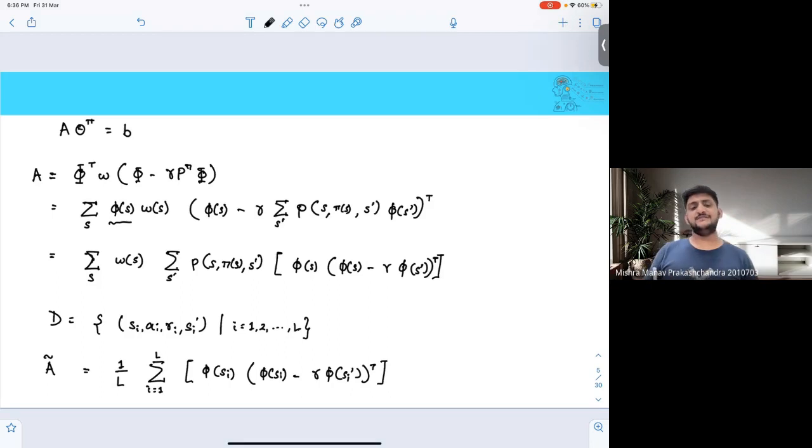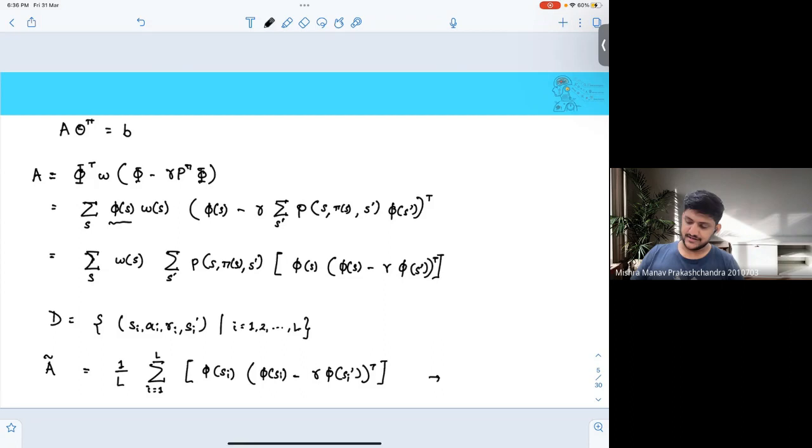It's an approximation of A. How am I getting it? I don't need to have an idea about the transition probability. If I collect L transition samples, I can simply draw samples from the environment that the agent is acting on, and I can get this quantity.